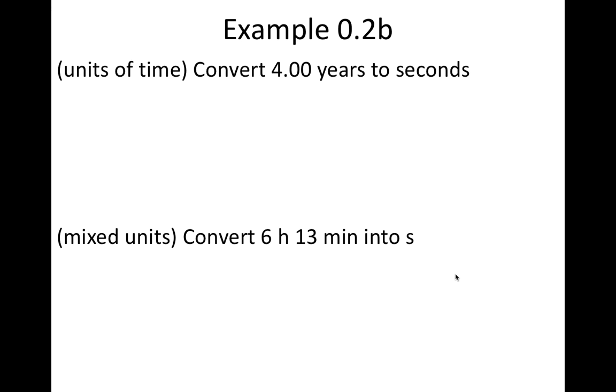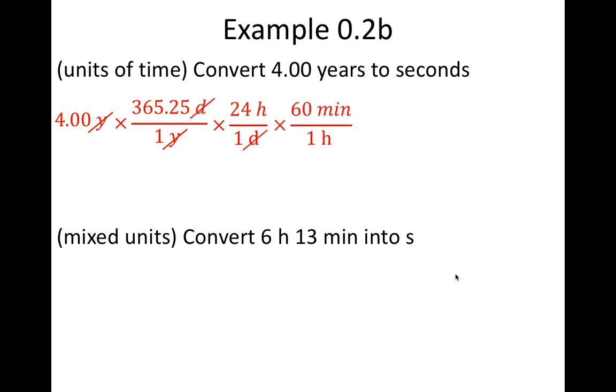In this example, I'm going to demonstrate how to convert 4 years into seconds. I start by writing down the measurement to be converted with our units, just as before. I multiply by 365.25 days over 1 year to eliminate years. Then I can multiply by 24 hours over 1 day, eliminating days. Then I multiply by 60 minutes over an hour to eliminate hours.